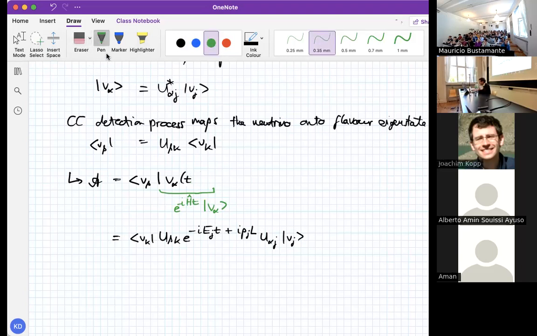So we write this as evolution in t and L. And then here, that's not just the Hamiltonian, but also plus i times the momentum operator times L times ν_α.